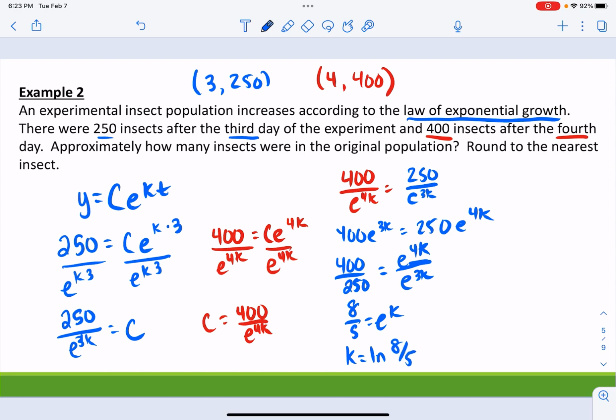Okay, so I have that now. Now I have to plug that back into my original equation: y equals c e to the ln of 8/5 times t.